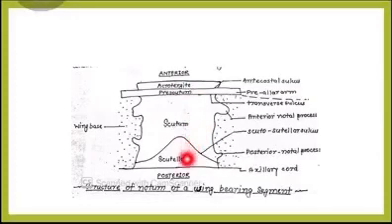And just behind the scutellum, this part is the postnotum. One more thing you can see, on the lateral side are present processes. These are called as anterior notal process and posterior notal process, which will articulate with the wing base. This we will discuss in detail when we discuss the wings.